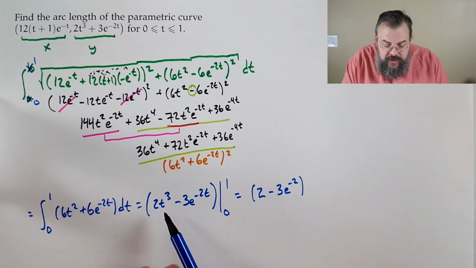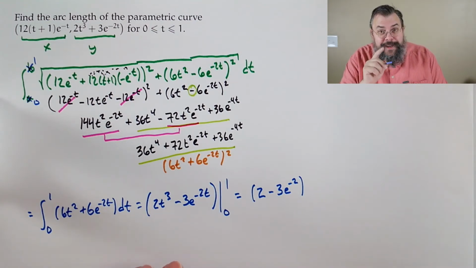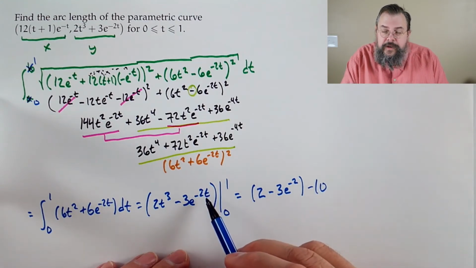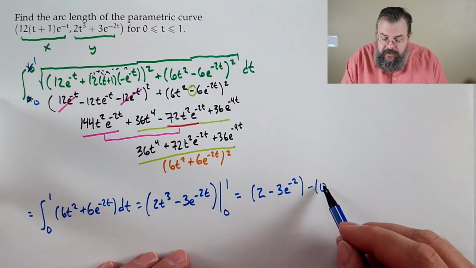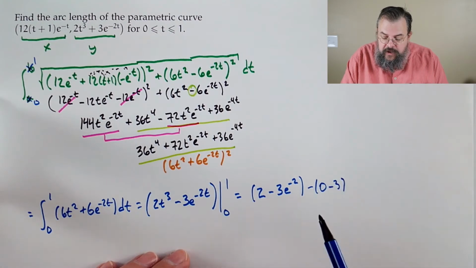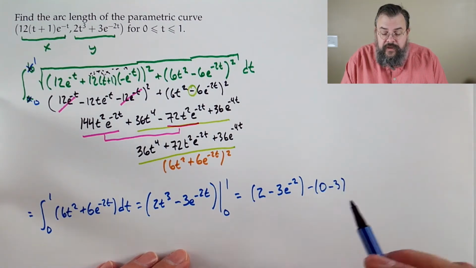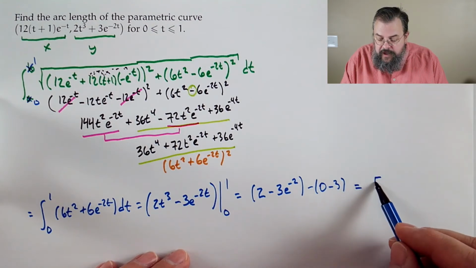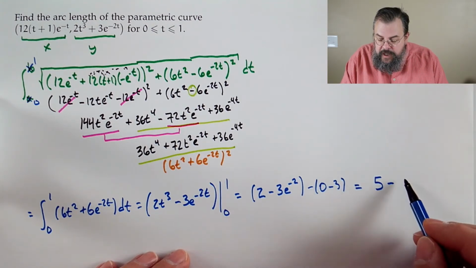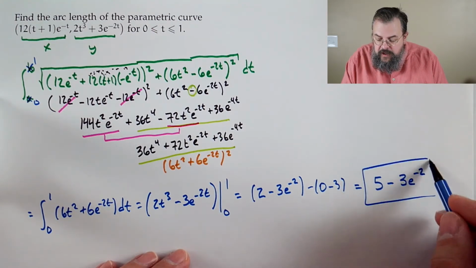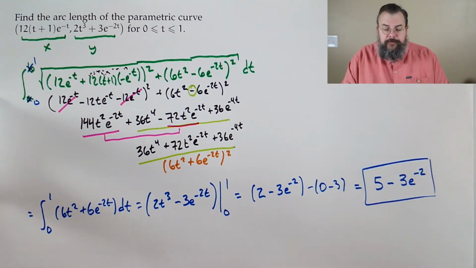Plug in 0, you get 0. And you're like, ha, Steve, it was 0. But wait, there's another term. Here, e to the 0 is 1. So it's minus 0 minus 3. So really, this minus 3 makes it a plus. So we end up with 5 minus 3e to the minus 2. And there we go.